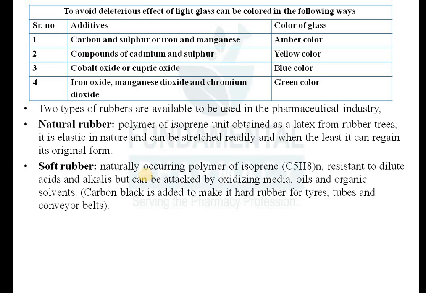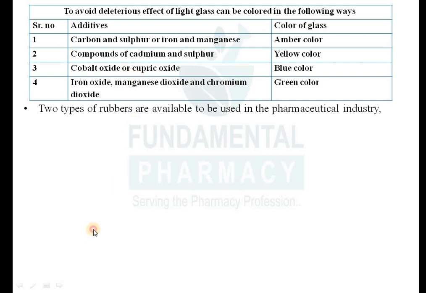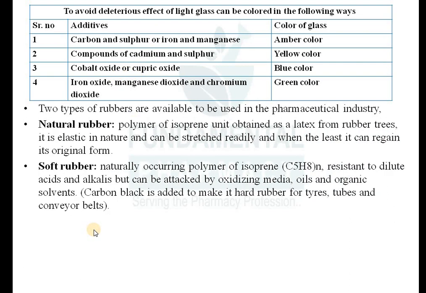Now soft rubber, what do you mean by soft rubber? So naturally occurring rubber, that is a polymer of isoprene, C5H8. Whenever we see the terpenes chapter, terpenoids, in that you will come to know what I mean by isoprene, what is diterpene, tetraterpene. It is a polyterpene. So n number of isomers are there.